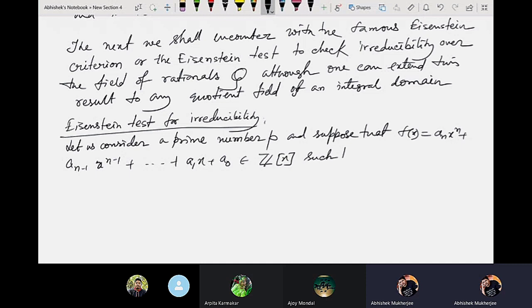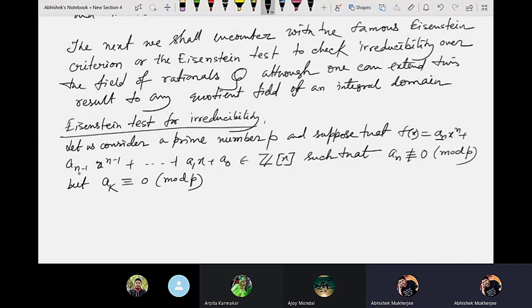such that the coefficients will satisfy these conditions. That is, the first of all is a_n is not congruent to 0 modulo p, that is p does not divide a_n, the leading coefficient of f(x). This is the first condition. But p will divide all other coefficients.